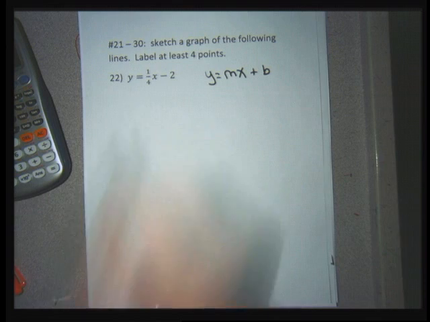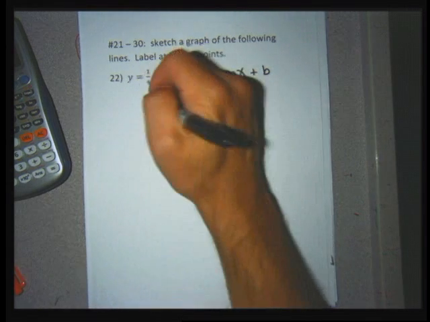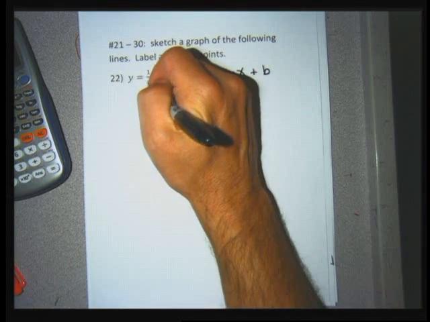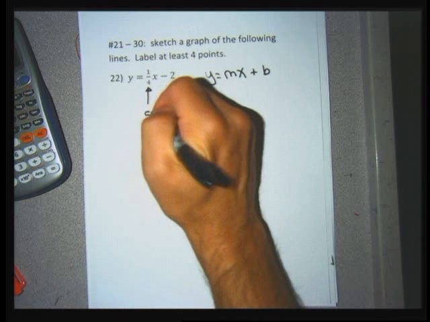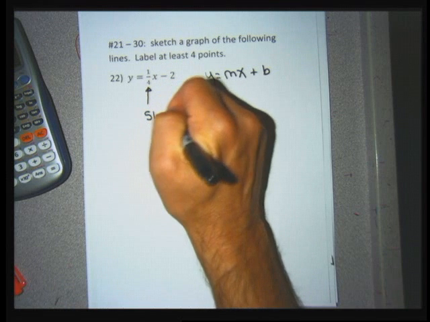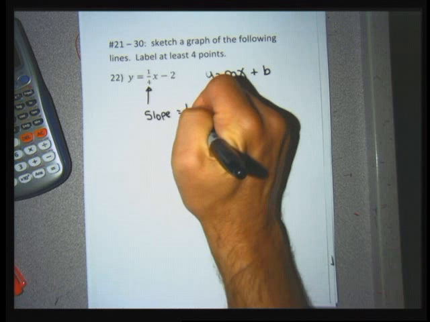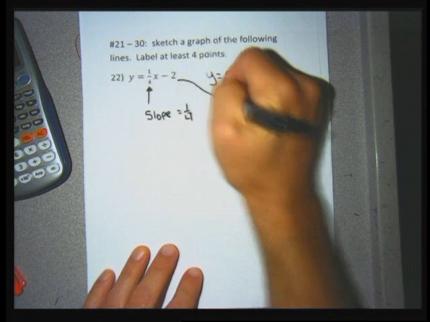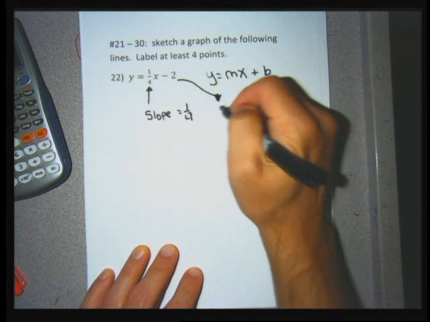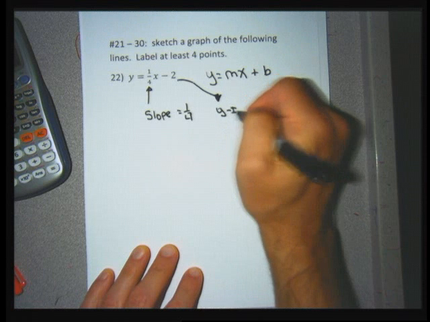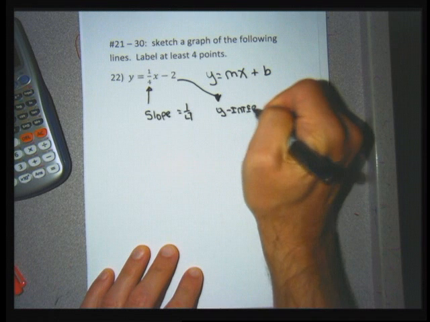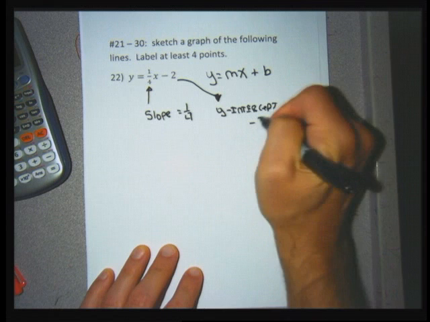This is considered slope-intercept form. The number in front of the x is the slope. The constant after the x is the y-intercept, or at least the number where the graph crosses the y-axis.